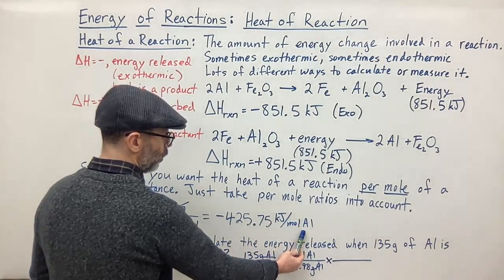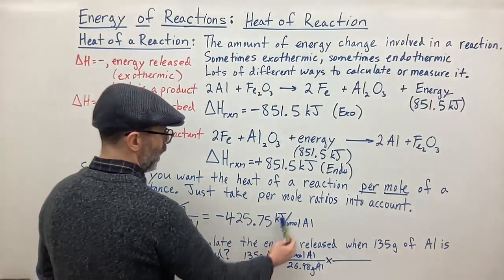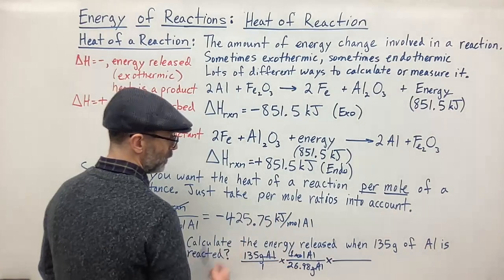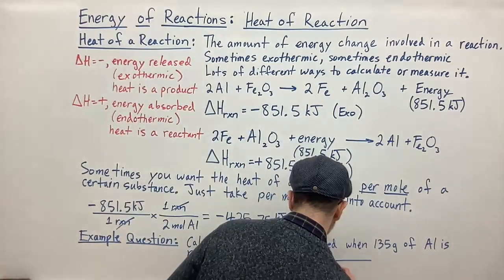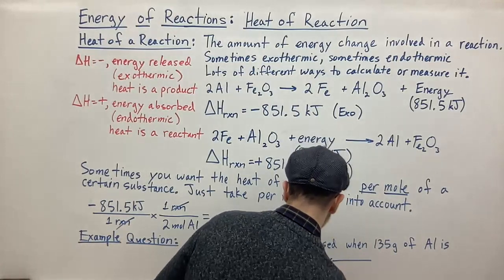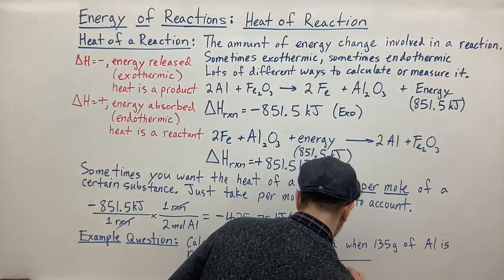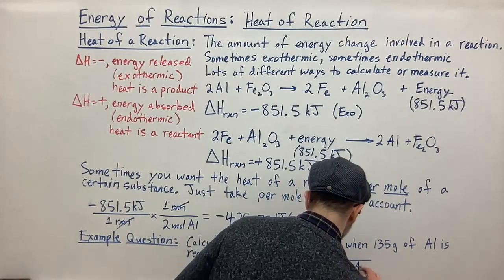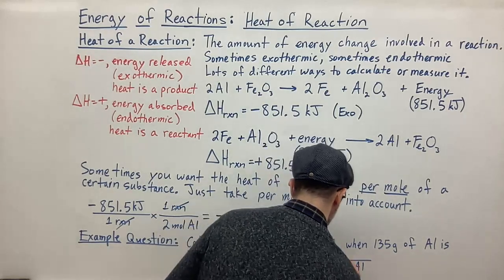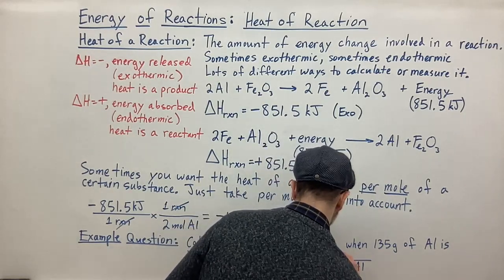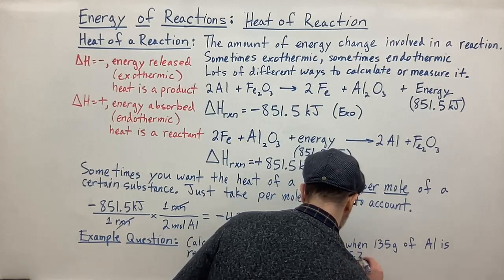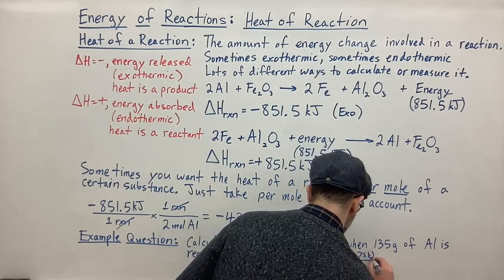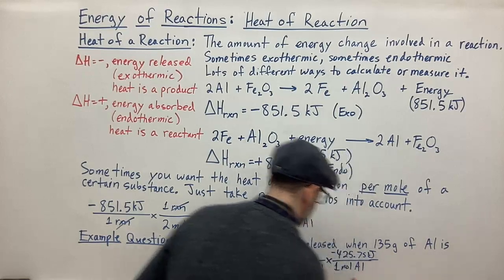And so now I can say, well, for every 1 mole of aluminum, this much energy in kilojoules is released. So I can put 1 mole of aluminum on the bottom, and negative 425.75 kilojoules of energy on top.